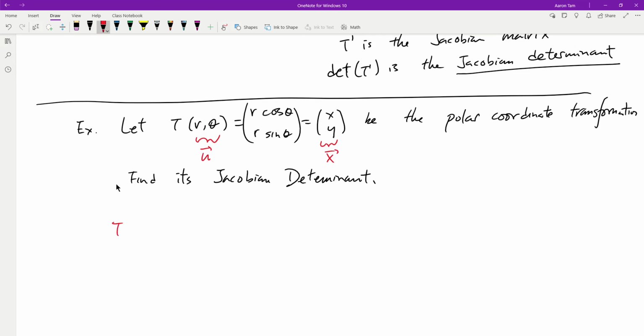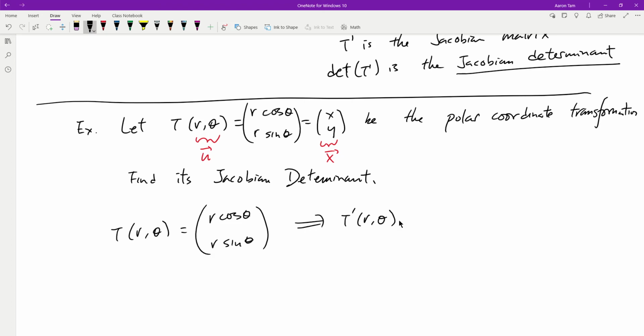So here's what T is. T of r theta is equal to r cosine theta, r sine theta. So you can definitely just form the derivative matrix. Or you can look it up in 6.5 because we did the Jacobian matrix for all the coordinate transformations.